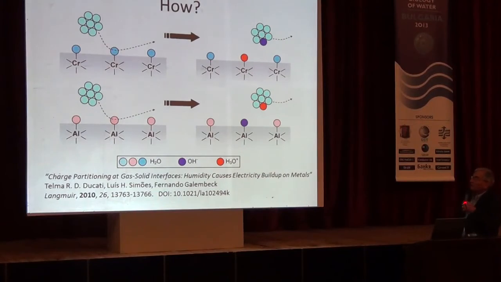So how does it happen? I detail the idea here. We have a cluster of water molecules that impinges on a basic surface, which picks up a proton, releases a negative water ion, and becomes positive, and vice versa for the aluminum surface. It's very important to recall that almost all these metals are always coated by oxide.